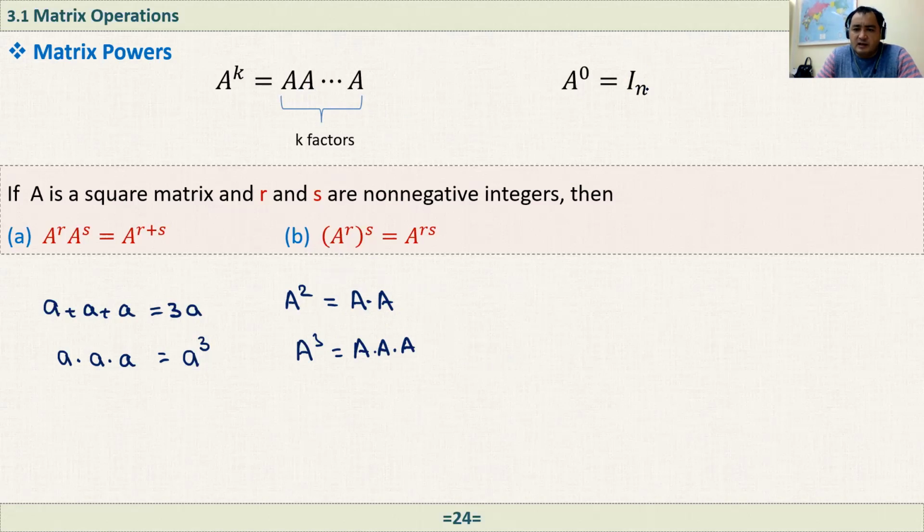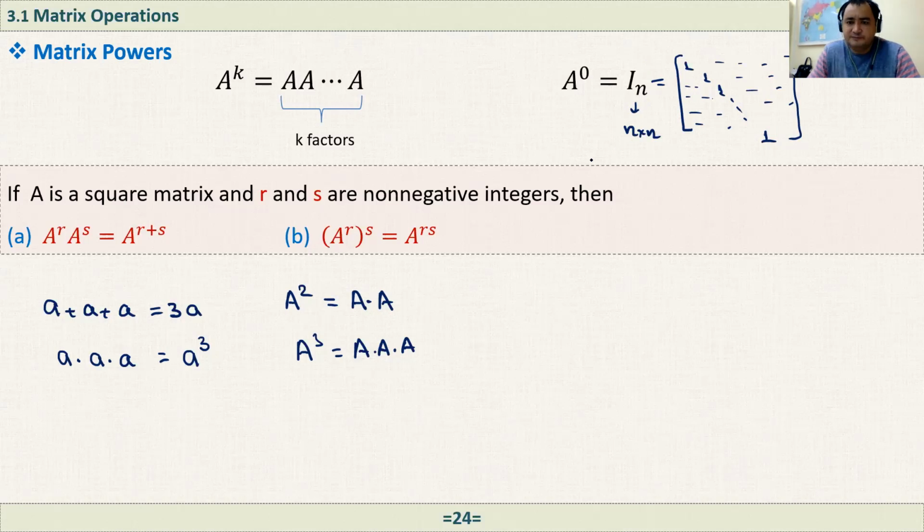It is an identity matrix, right? That means that all the entries in the main diagonal are ones, and all the other entries are zeros, okay? And I_n means this one is an n by n matrix.